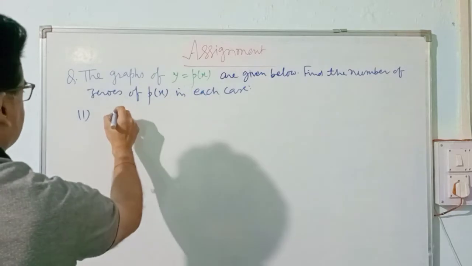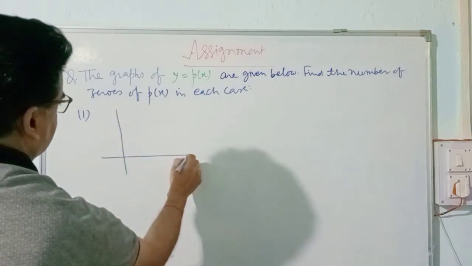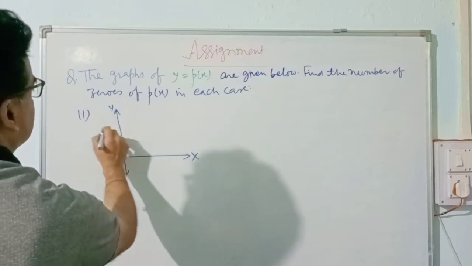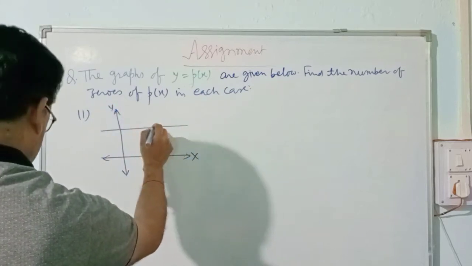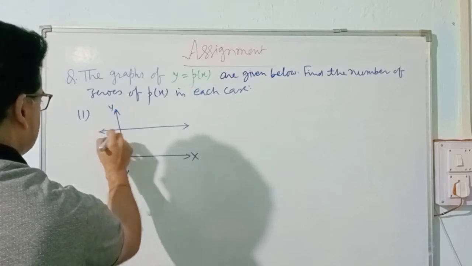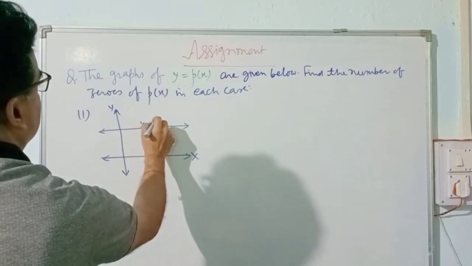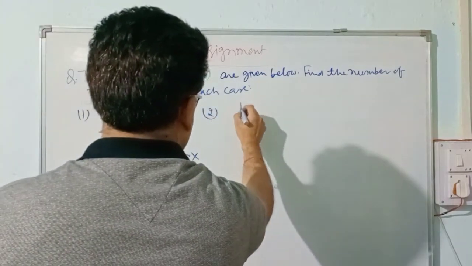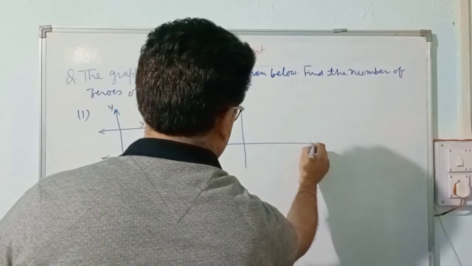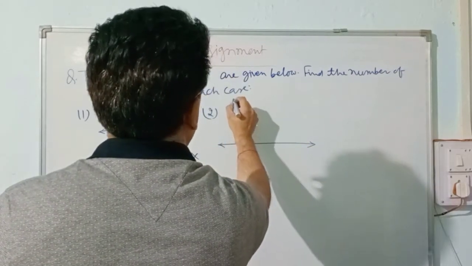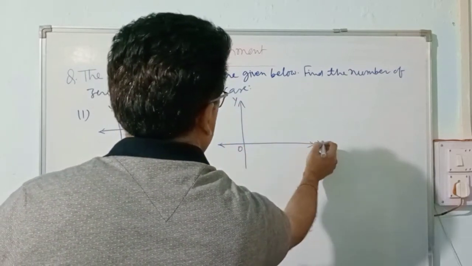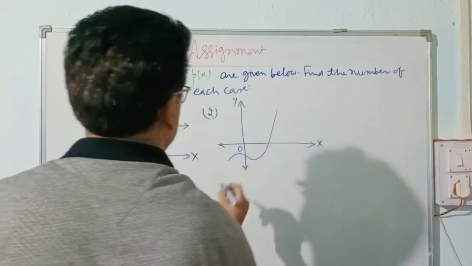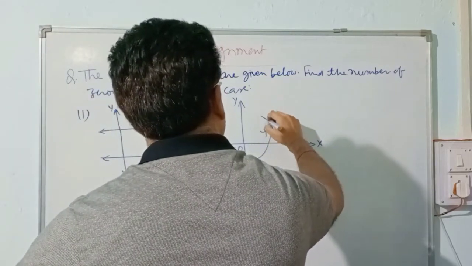Number 1. This is y equal to p(x). Number 2. This is y equal to p(x).